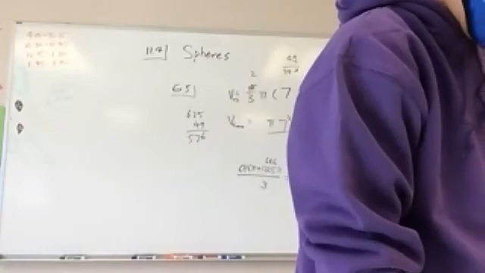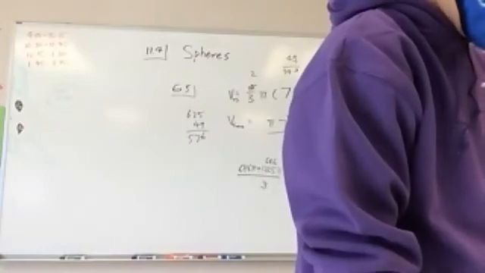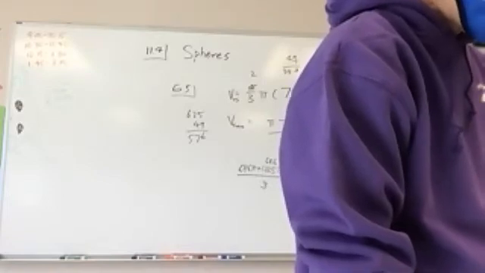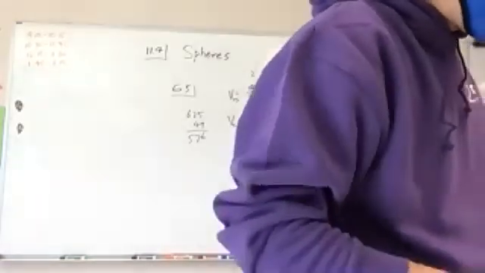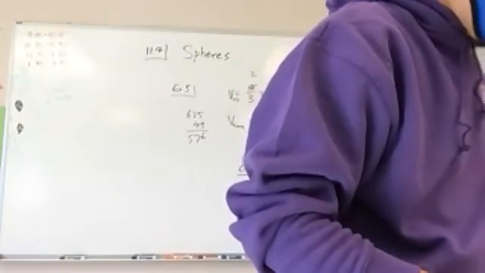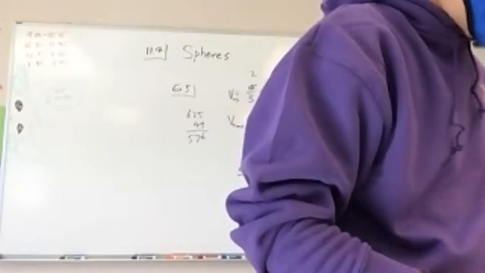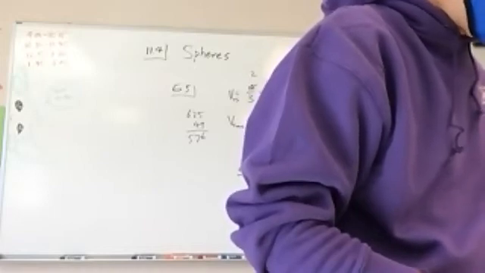Okay, so that's that. Oh, we're just doing the volume. It says to find the surface area too. How did they find the surface area of the cone? In step 1.